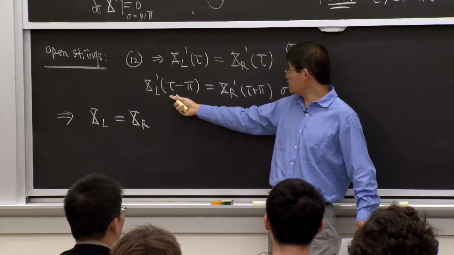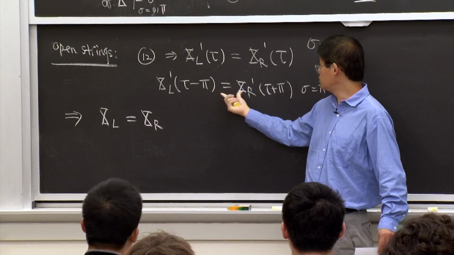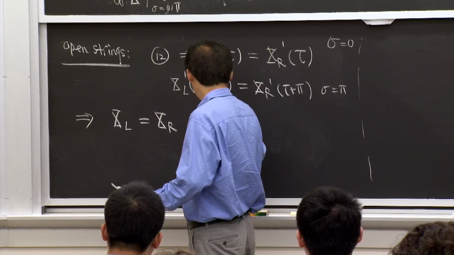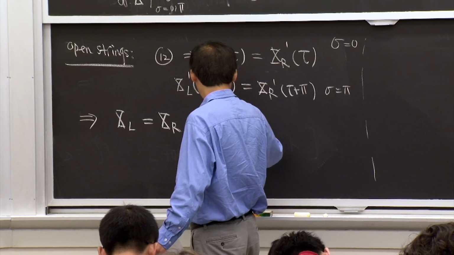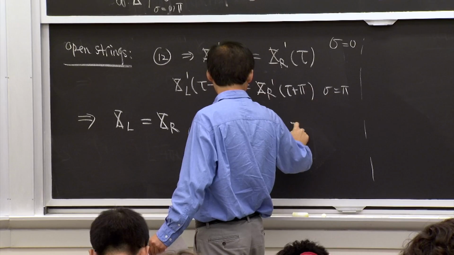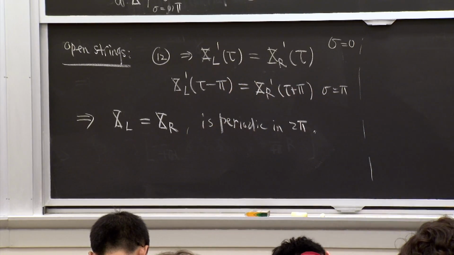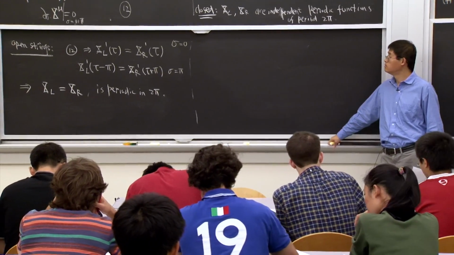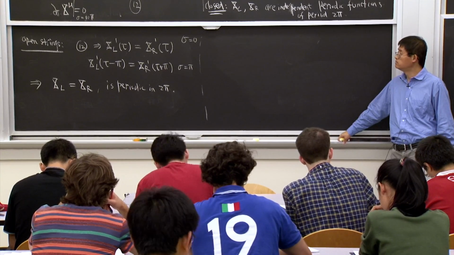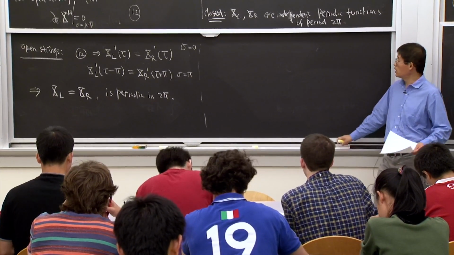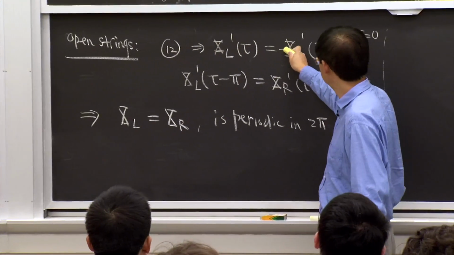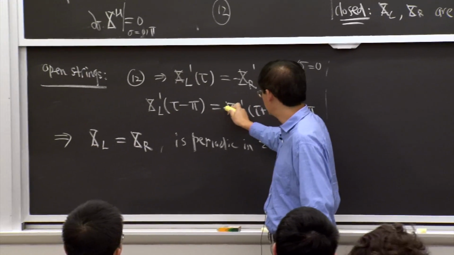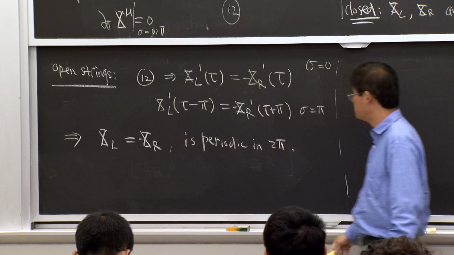And if we take these two functions to be the same, then the second line tells us this function is periodic in 2 pi. Actually, I think there should be a minus sign here. If I take the sigma derivative, I can put a minus sign here, but these two conclusions are still right.